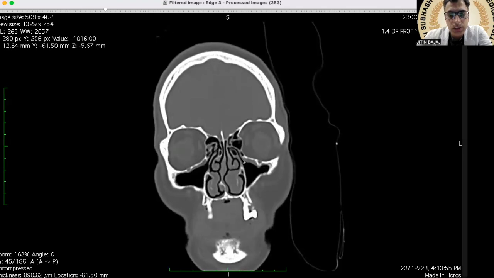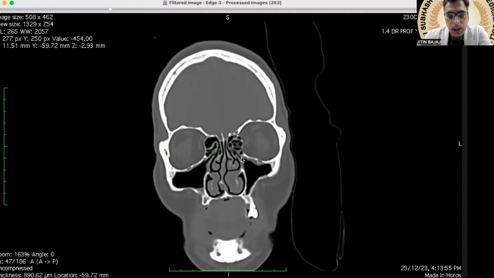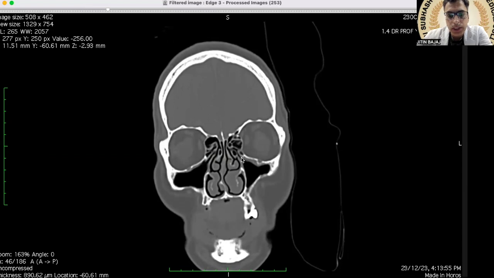The semilunar channel between the uncinate process and the bulla ethmoidalis is known as the hiatus semilunaris. If we are going to operate for medial orbital lesions, we have to take this pathway lateral to the middle turbinate, and then resect the uncinate process and bulla ethmoidalis, and then we can reach up to the lamina papyracea.